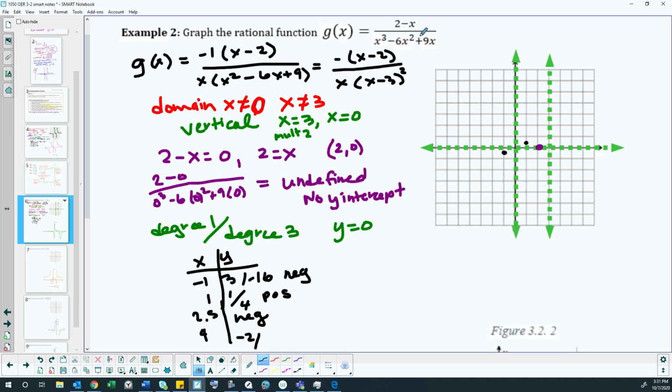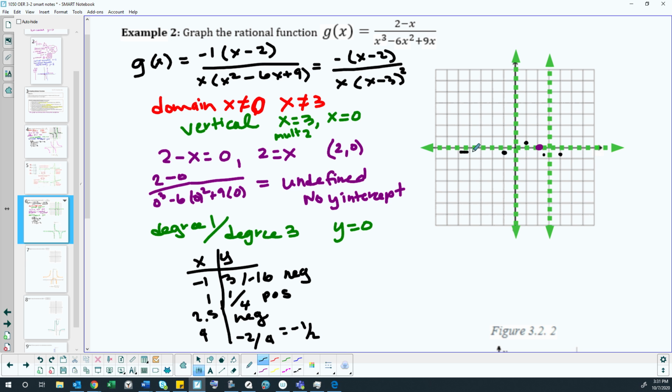So 4 times 4 times 4 minus 6 times 4 times 4 plus 9 times 4. I got 4. But we're taking negative 2 divided by 4, so that's negative 1/2. That makes sense. So at 4, we're at negative 1/2. Over here, we're going somewhere negative. We're not sure where. We didn't calculate it.